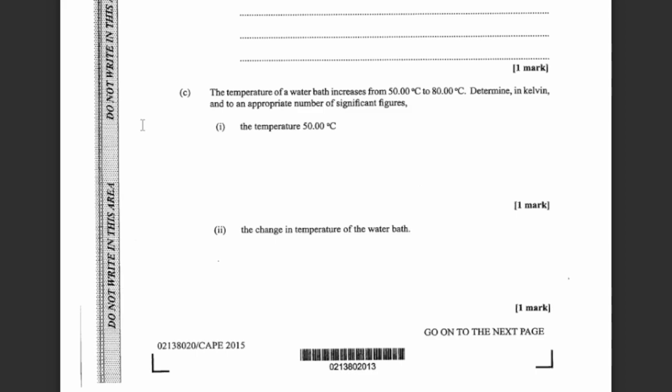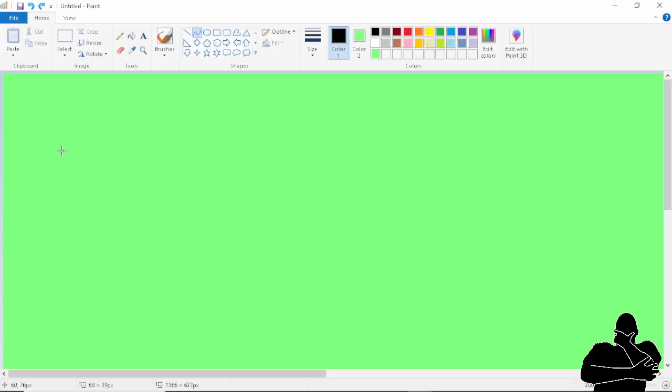So let us do this calculation. We're going to basically convert 50.00 degrees Celsius to Kelvin. The way we do that is we simply add 273.15 to the Celsius temperature, and the result of that addition is going to give us the Kelvin temperature.